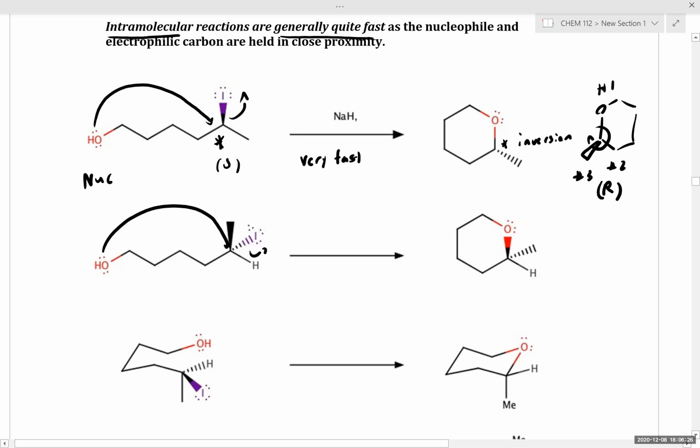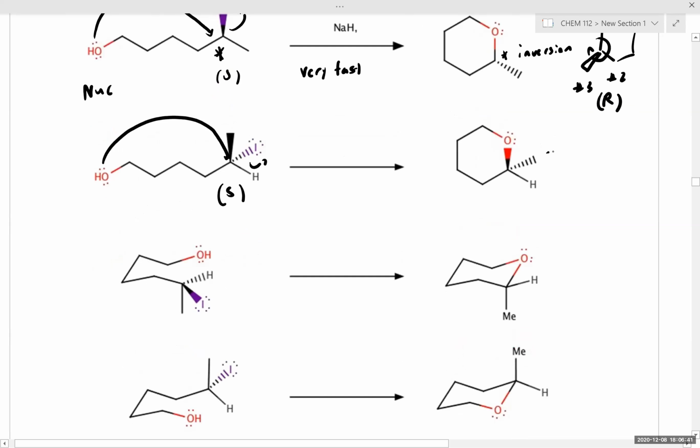So in this case, we clearly see that we are starting with an S stereocenter, and then in our product, we end up with an R stereochemistry. Always make sure for an Sn2 reaction that you're checking for proper inversion of stereochemistry.